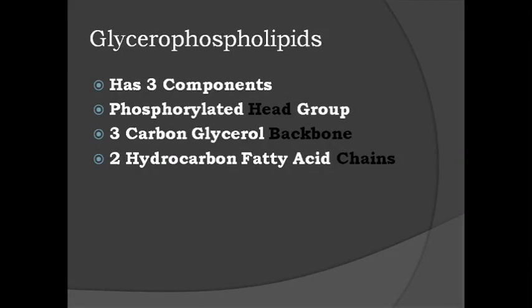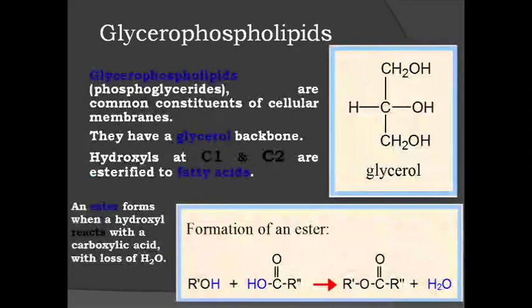Glycerophospholipids are made up of three components: a phosphorylated head, a glycerol backbone, and two chains of fatty acid. They are of different categories.